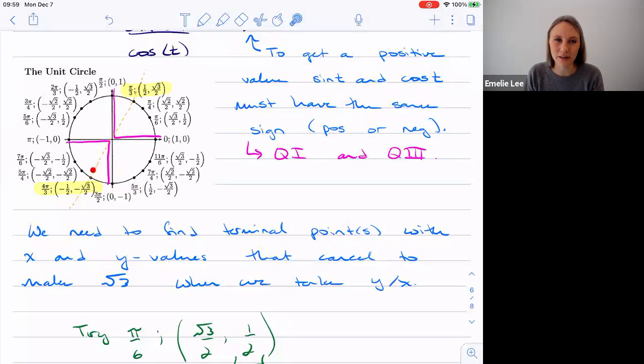That gets me to that other point. Plus pi gets me back to that point. Plus pi gets me back to that point. We say that tan has a period of pi instead of a period of 2 pi. We're not going to get into that because we don't have time, but that's what it's called. And so what we'll notice is that tan cycles in cycles of pi rather than 2 pi.